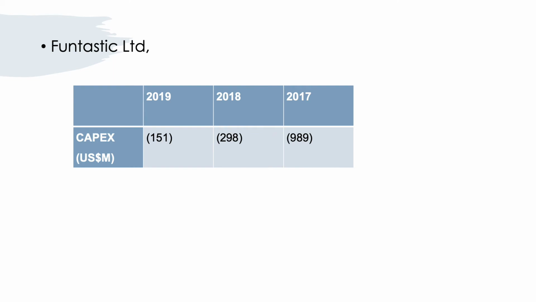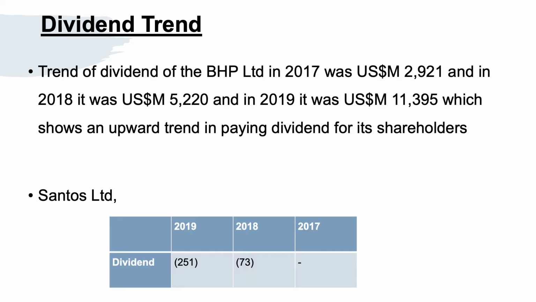In Fantastic Limited, looking at 2017 to 2019, they have a negative cash generated for capital expenditure, but the trend is decreasing when it comes to 2019.